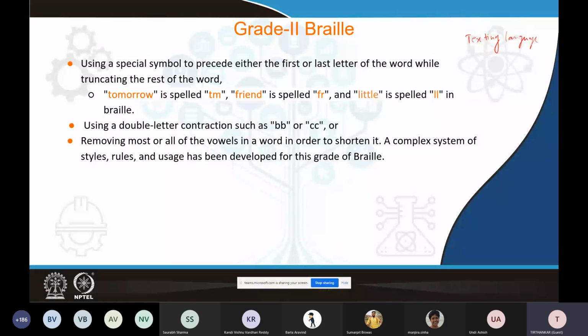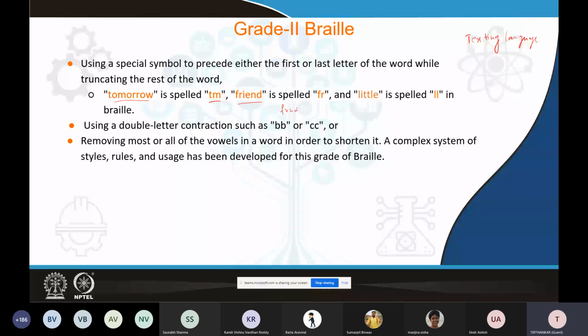So typically you will see words like tomorrow contracted as TM. Then text me is also represented as TM. Friend can be represented as FRND, right? And so on.